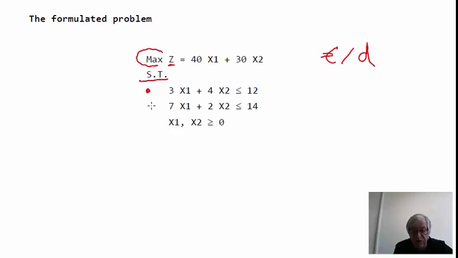We have here 2 restrictions, okay, which represent the limitations of the machines, that they are available a certain number of hours a day. And we have also here the information related with the variables. That is, they represent units and they cannot assume negative values.